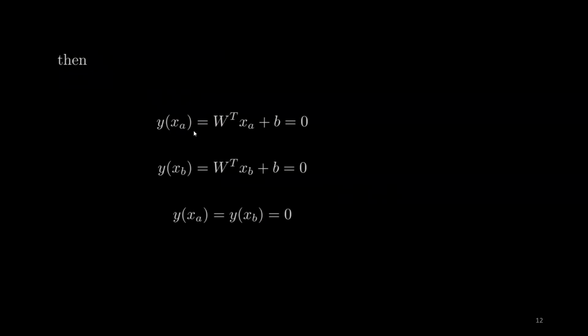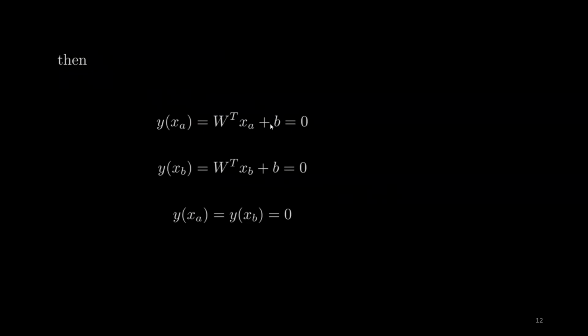Both these equations have Y equal to 0, because the points are on the decision boundary and their distance from the decision boundary is 0. So Y of XA is 0 and Y of XB is 0.